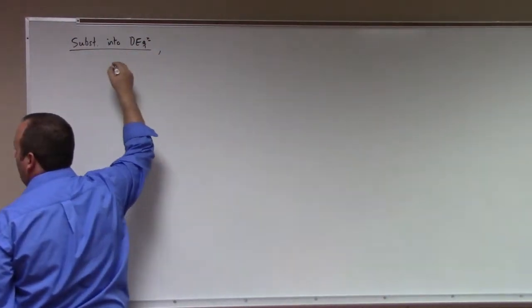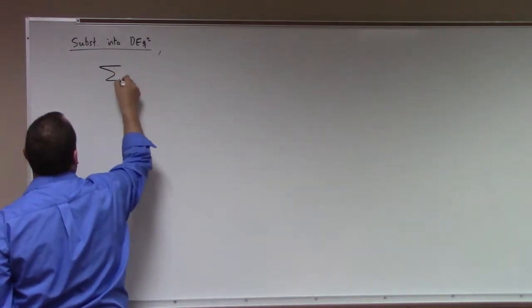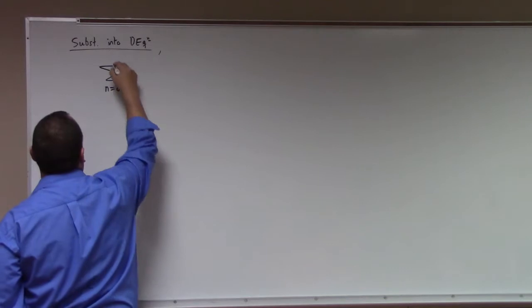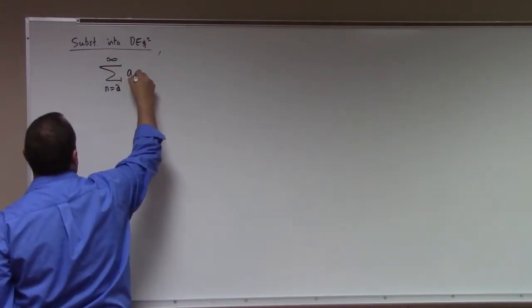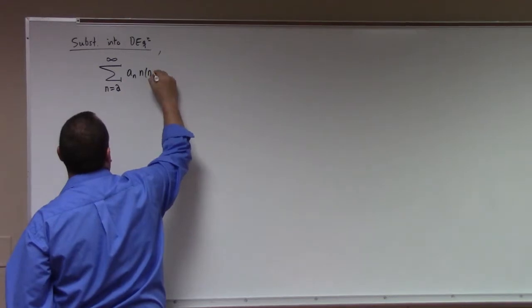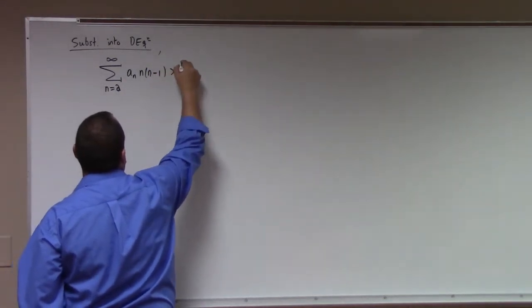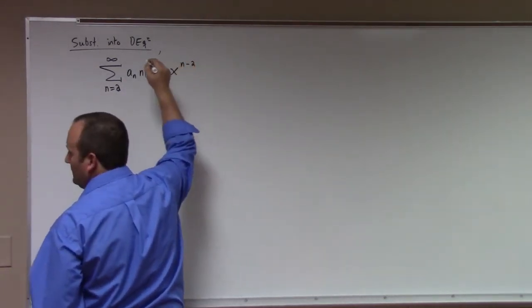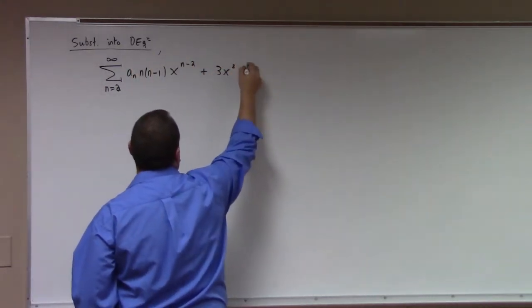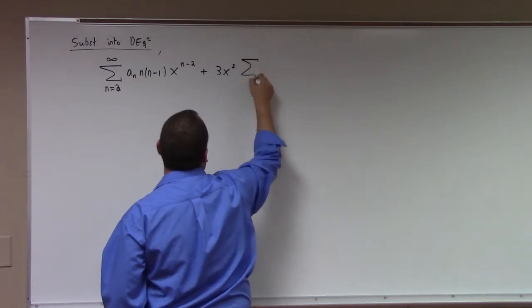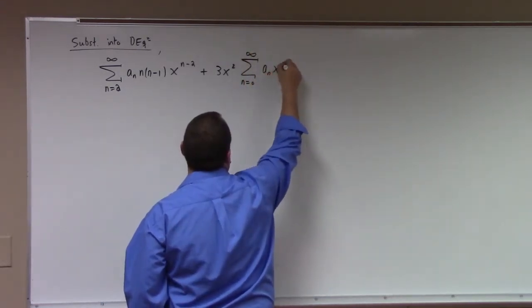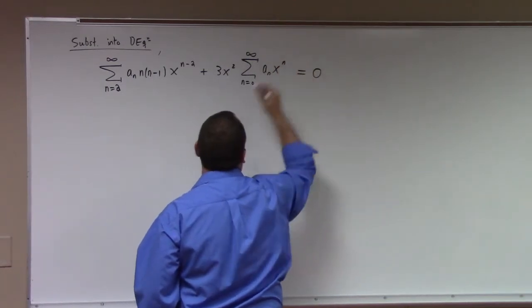We have y prime prime, which remember was the sum, n equals 2 to infinity, of a sub n times n minus 1 times x to the n minus 2. That's my y prime prime term. And then plus 3x squared times the sum, n equals 0 to infinity of a sub n x to the n. Now that's all equal to 0.